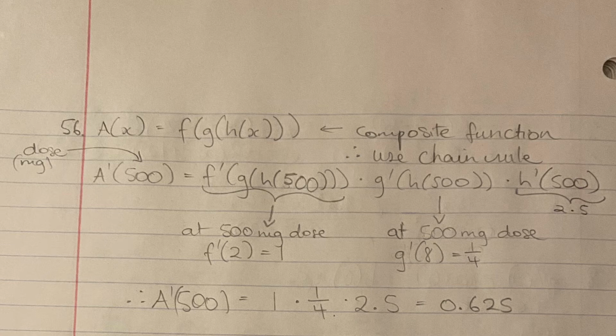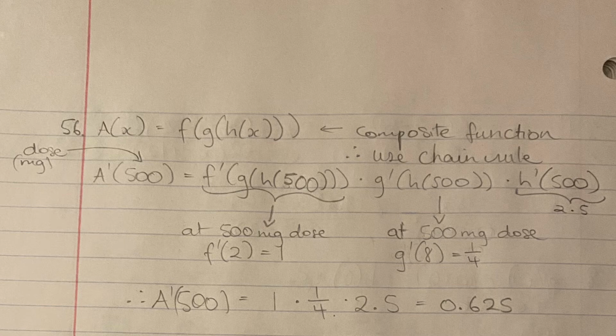So as you can see, I use the chain rule here, and we can see the three different sections. We go back to the values that they give us in the problem, which are h prime of 500 equals 2.5, g prime of 8 equals 1/4, and f prime of 2 equals 1.